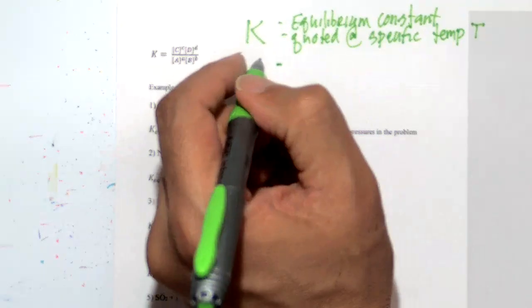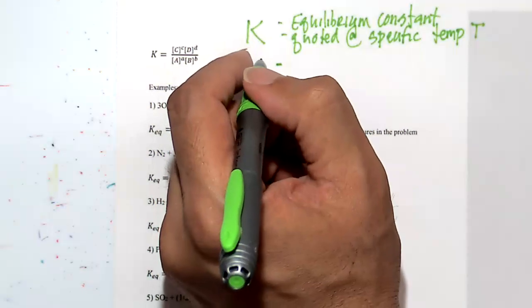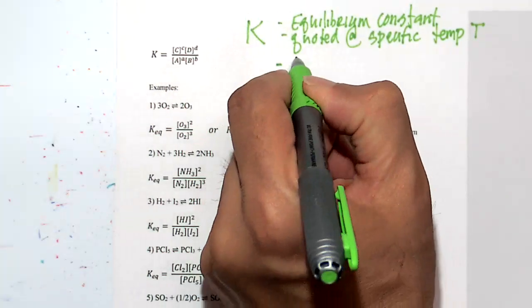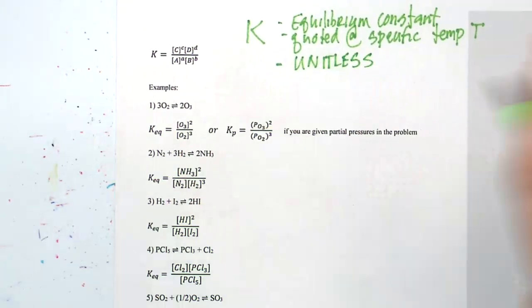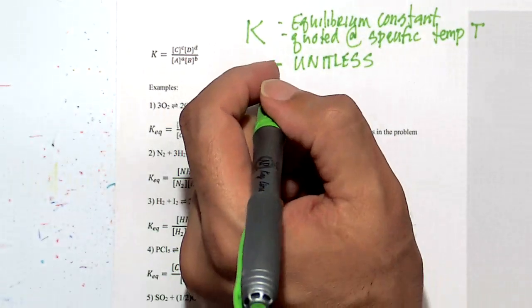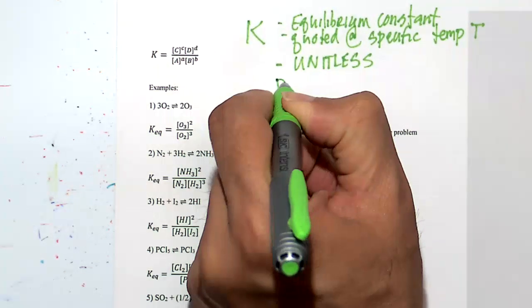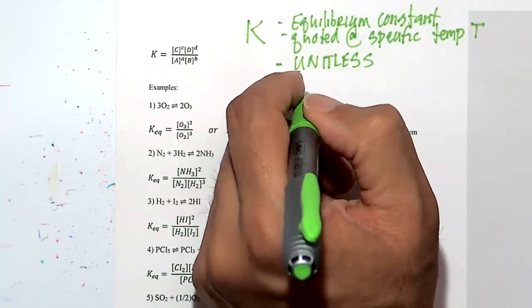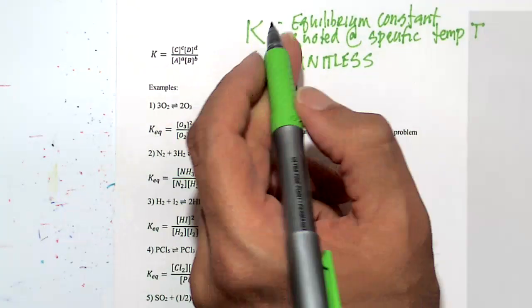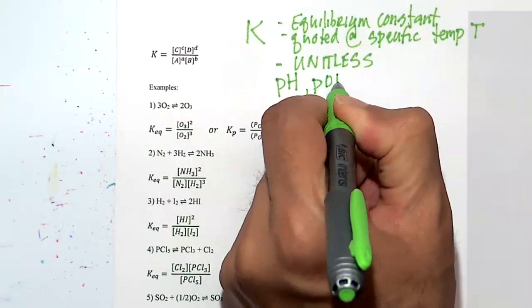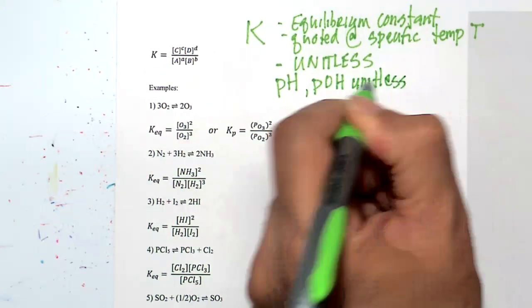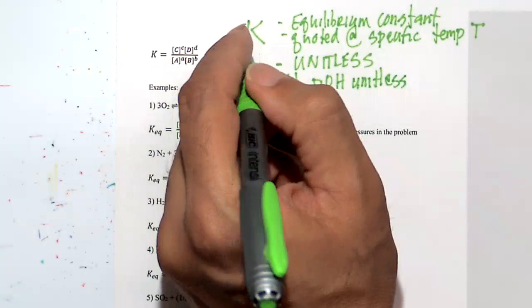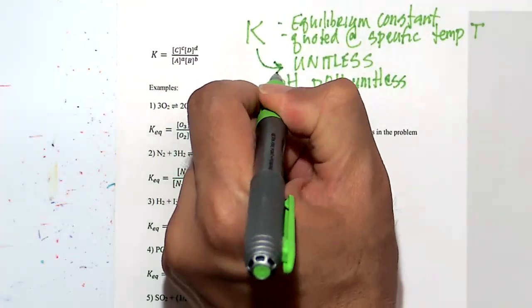And another thing here, this may be something that everyone will like. It's unitless, so you don't have to worry about units. Okay. So there are no units in K. By the way, there's something else that has no units, and that is pH, that we will talk about in our next chapter, chapter 15 or so. pH and pOH also are unitless. So don't worry about putting units with regards to K, equilibrium constant.